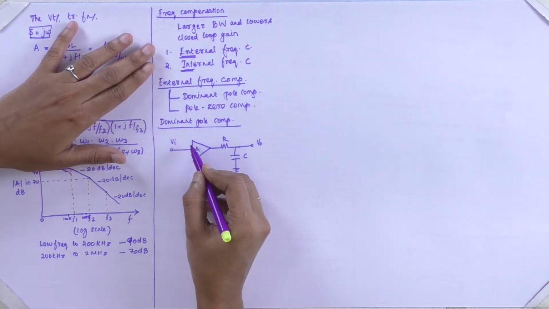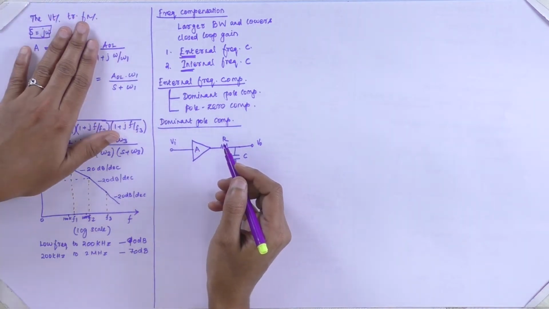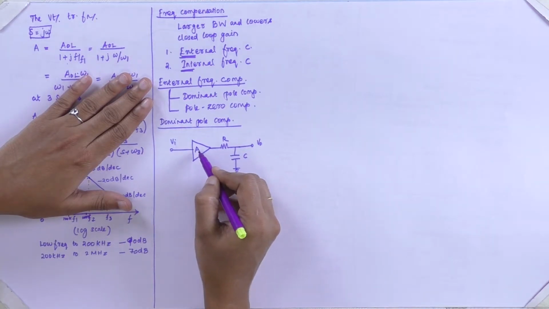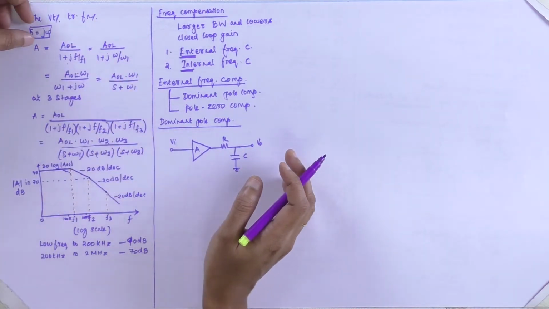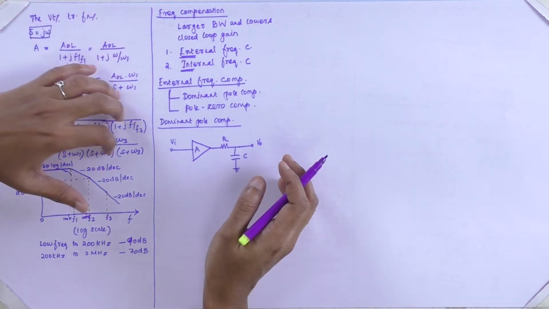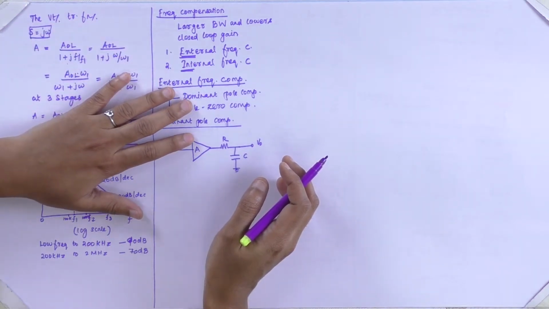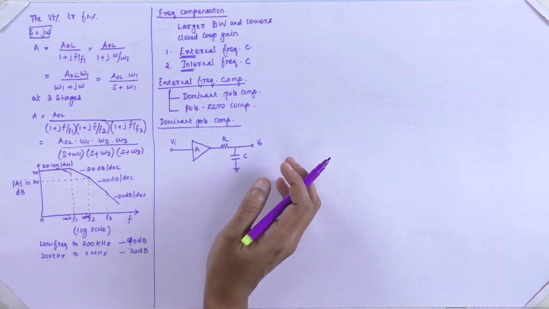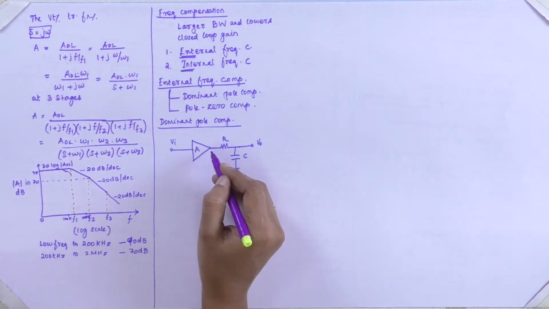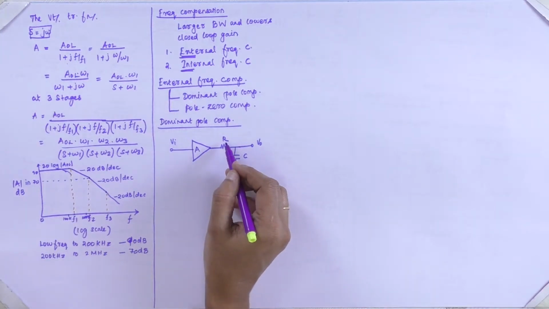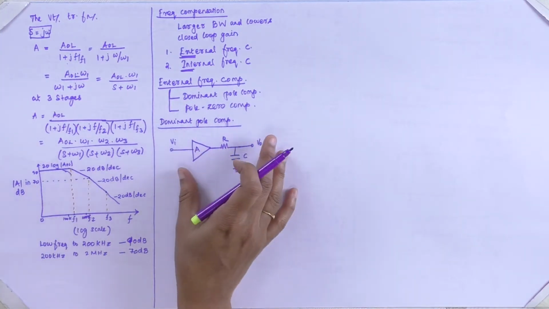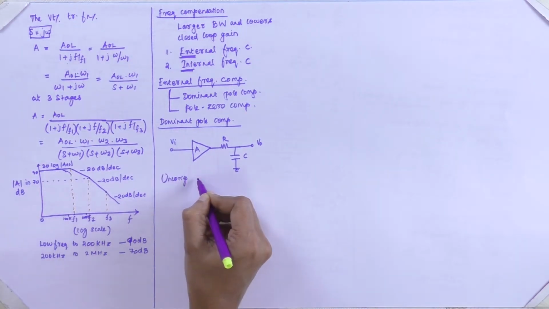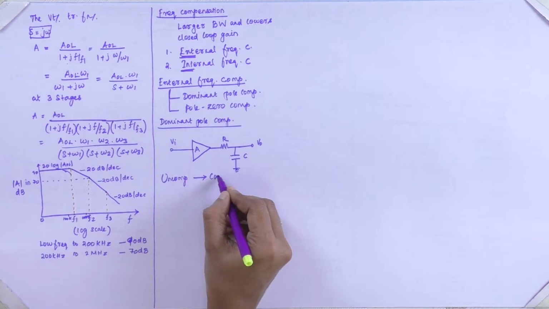Whatever we discussed in the frequency response, I have just made the amplifier with a symbol and inside I made it as a gain. This A represents these factors included in the operational amplifier, and I am applying the input voltage Vi. We are making this uncompensated operational amplifier get compensated.